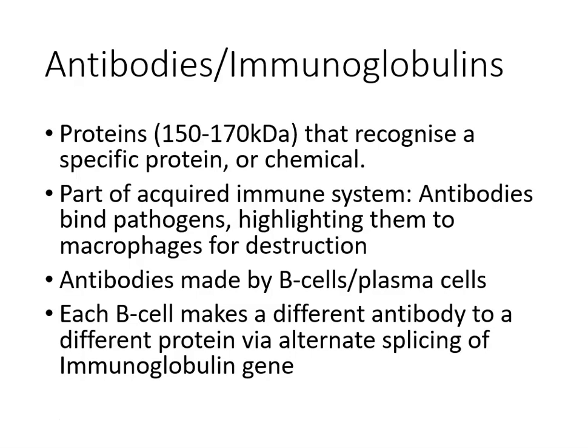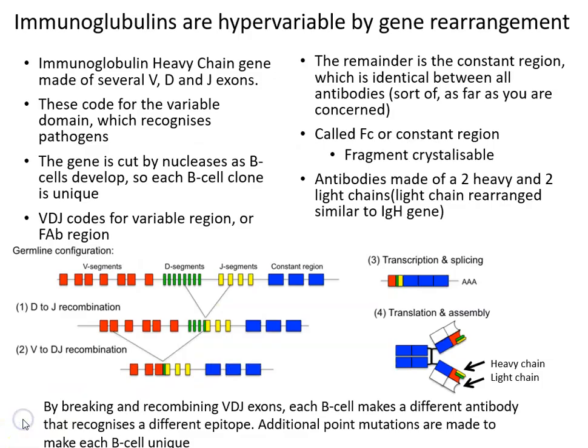So the immunoglobulin gene has got loads and loads of exons, and during B cell differentiation, some of these exons are cut out and then reshuffled and put back together to make each individual B cell able to recognize something different to all of the other B cells. So those of you who are studying the immunology and micro module, you will get this in more detail, quite possibly. But this is the basics of the system.